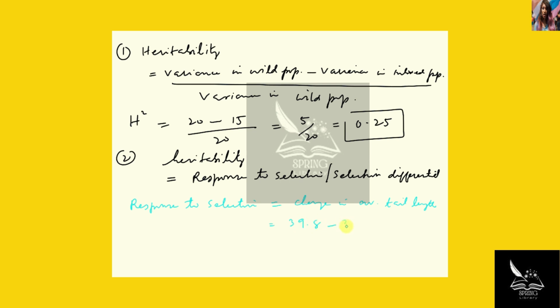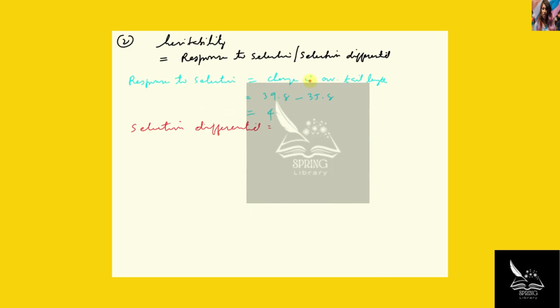So it is 39.8 minus 35.8, which are the tail lengths in two different generations, which makes the response to selection equal to 4. Now coming to the other component, selection differential.